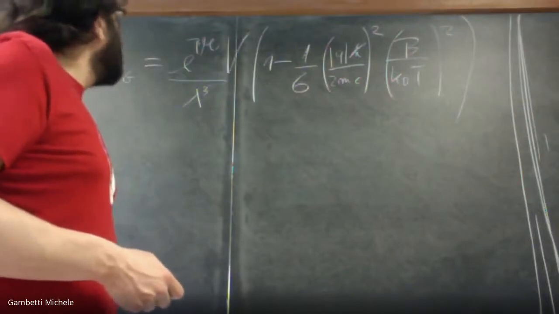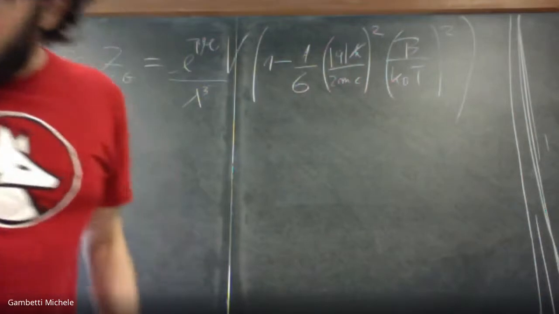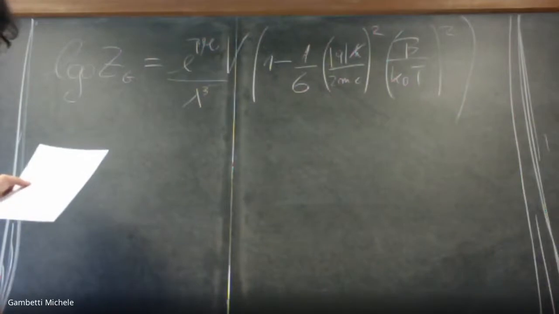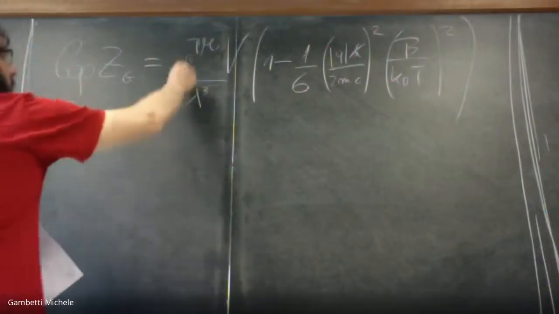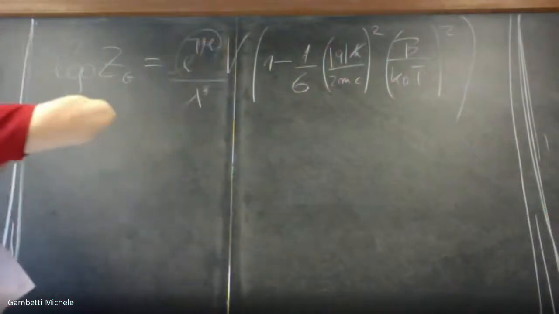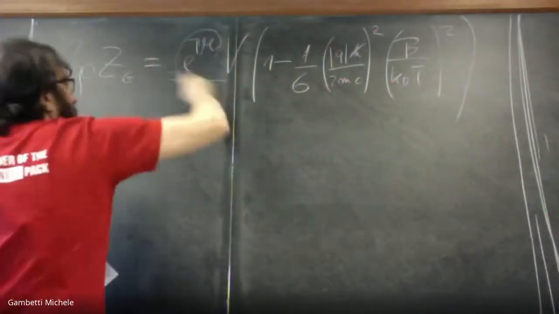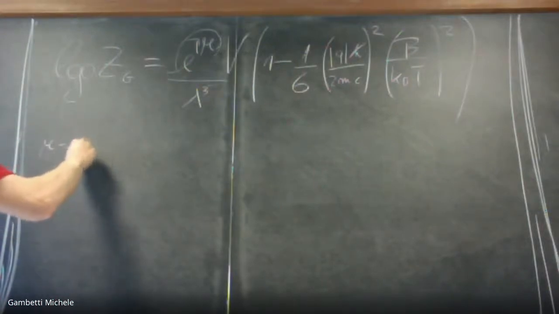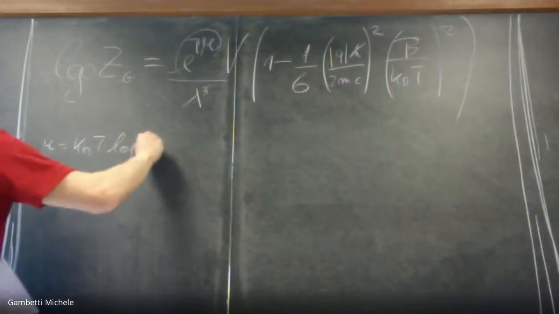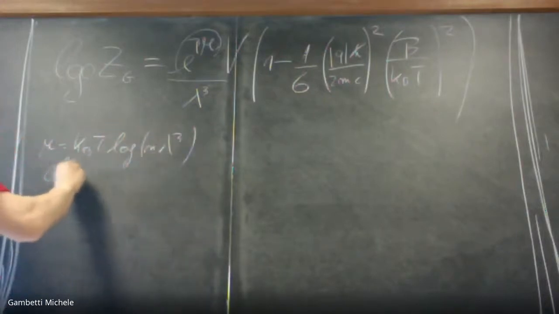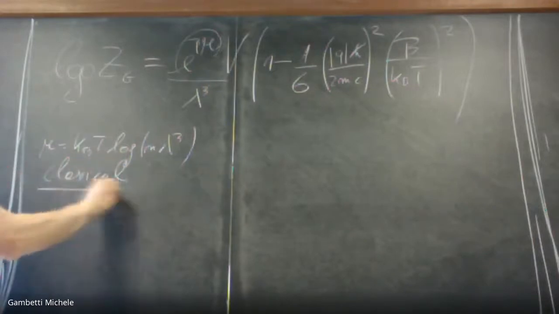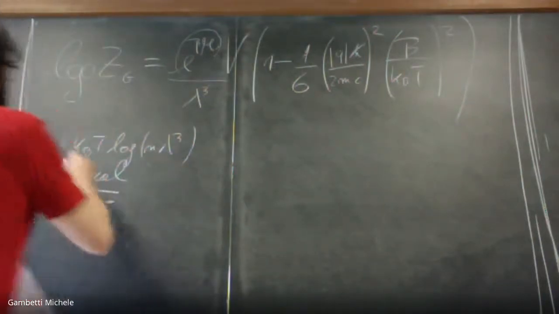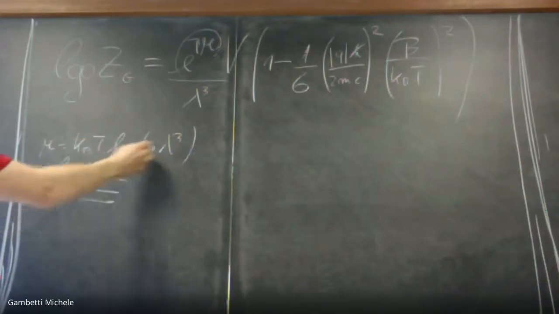So we arrived at this point, and I was about to say that this guy here is basically just the number of particles. Because μ is k_B T times the log of n λ³ in the classical limit, where the fugacity approaches 0, βμ is the log of n λ³.